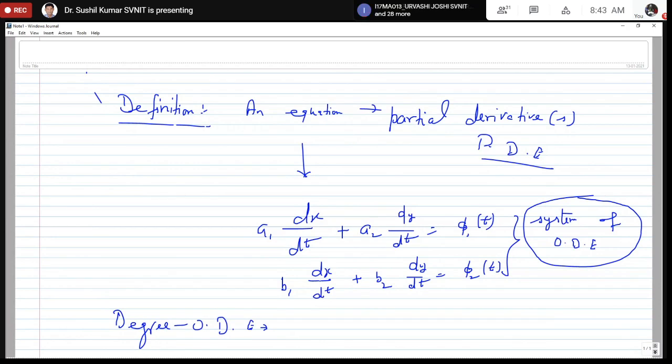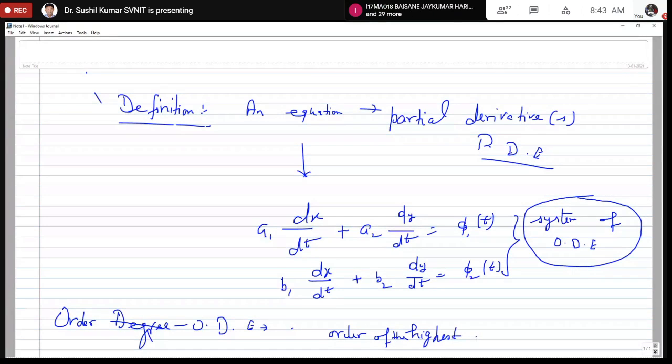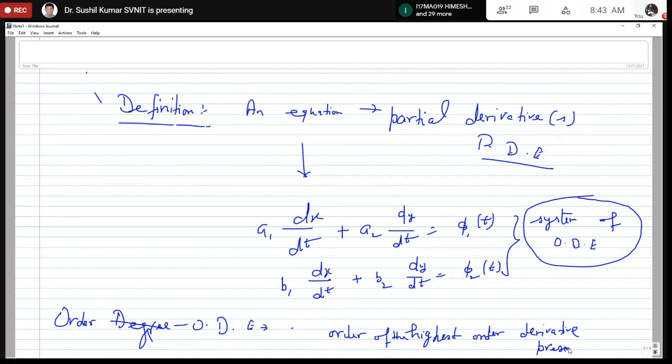Yes. So first we'll define the order, then the degree. So the order of ODE is the order of the highest order derivative present in the differential equation.